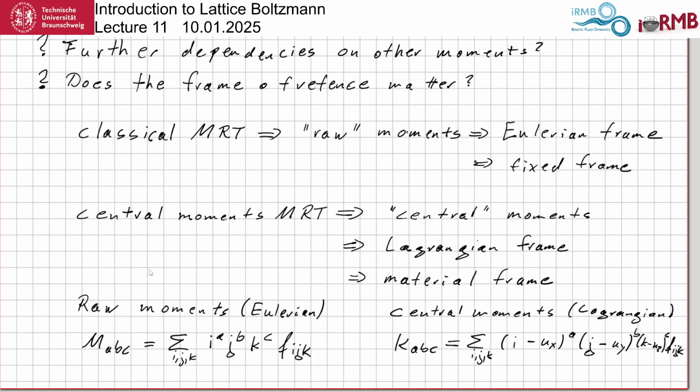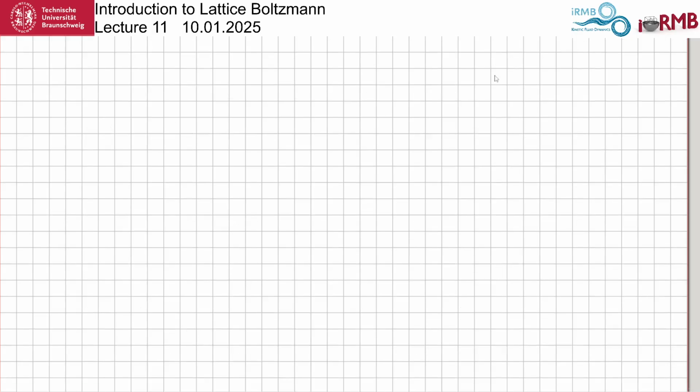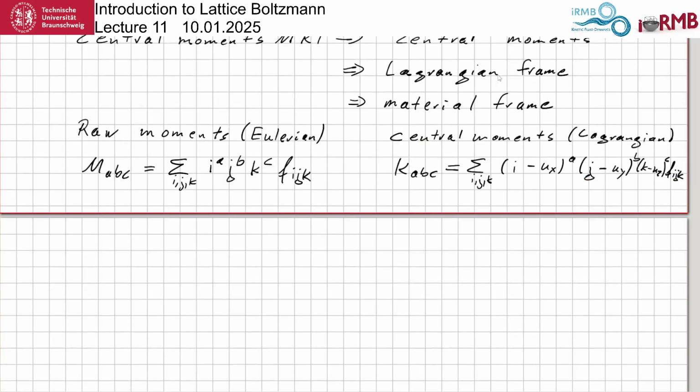I took the liberty of the simplification that we state the velocity in lattice units. So the dimension of ux is 1, which means that the velocity is 1 when one particle is moving from one lattice site to the next lattice site in one time step, just in order to simplify the notation a bit.